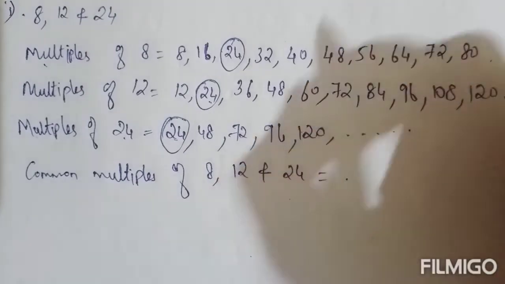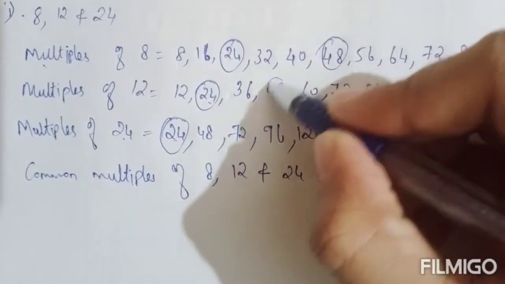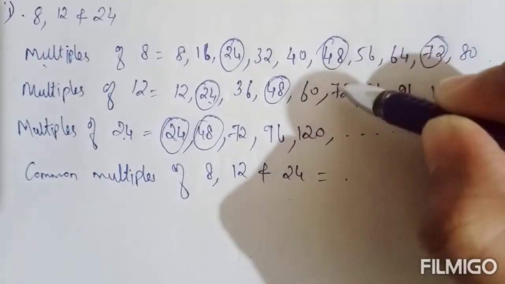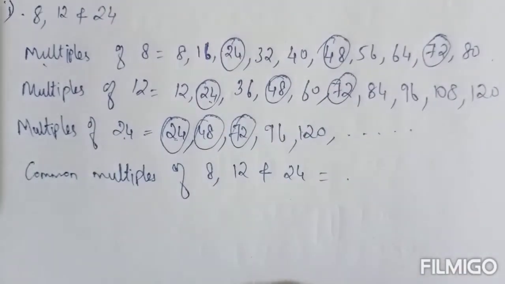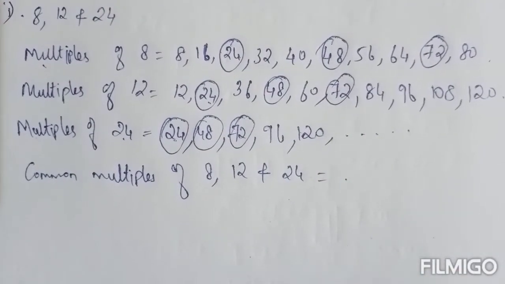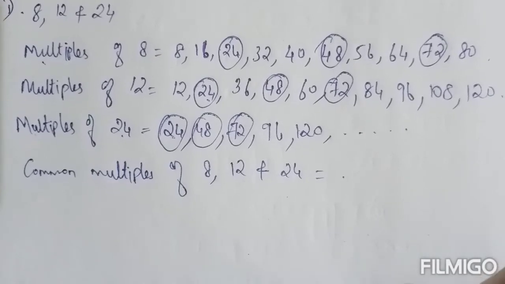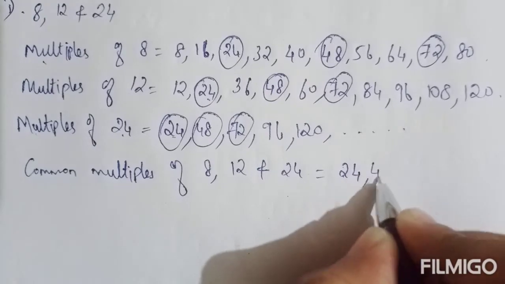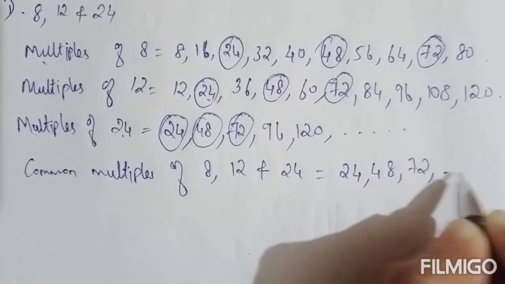Okay, then you can see 48 is coming. Okay, then 72 is coming. Okay, 3 only needed. At least 3 you can find. Okay, so you can write common multiples are 24, 48, 72, etc.